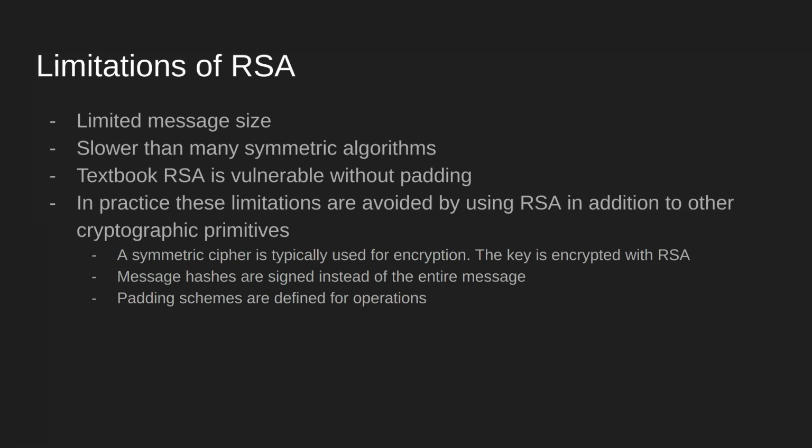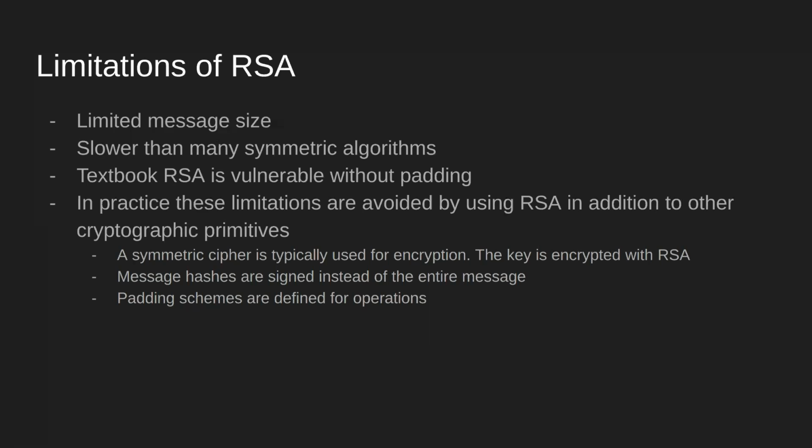Computing all this modular exponentiation, while it's not incredibly slow, is much slower than something like a symmetric cipher, which just uses addition, multiplication, rotations, and bit shifts, or something like AES, which has hardware acceleration. So for being able to encrypt very large chunks of data, RSA would be far too slow in practice.